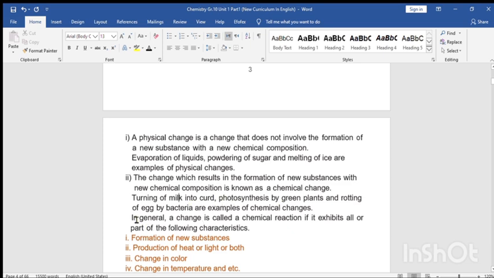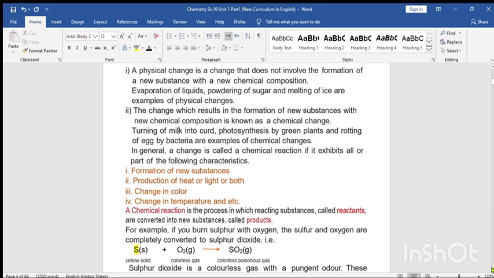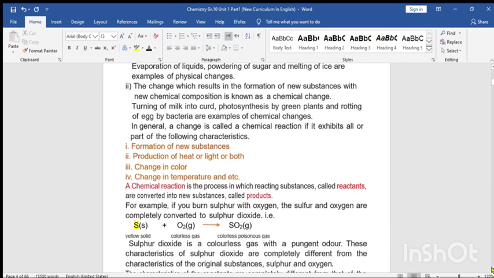That's obvious. In general, a change is called chemical change or chemical reaction if it exhibits all or part of the following characteristics. What are those? 1. Formation of new substances. This is a characteristic of chemical change. 2. Production of heat or light or sound during the changing process.